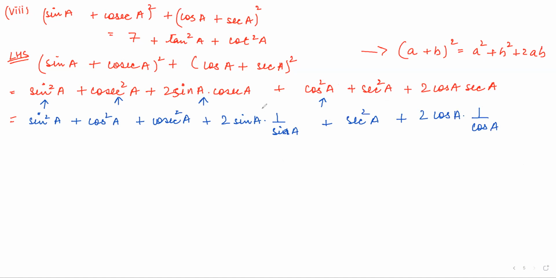Okay, so this sin A and this sin A actually cancel out. This cos A will get cancelled out, right? Now this sin square A plus cos square A will become 1 if I combine them together. Plus then I have cosec square A and then plus 2, only 2 will remain here. 2 into 1, that is 2. Plus you have sec square A and then again you have 2, correct?